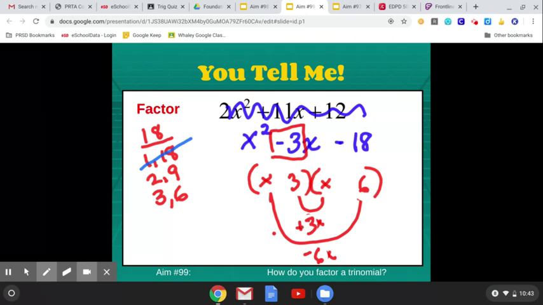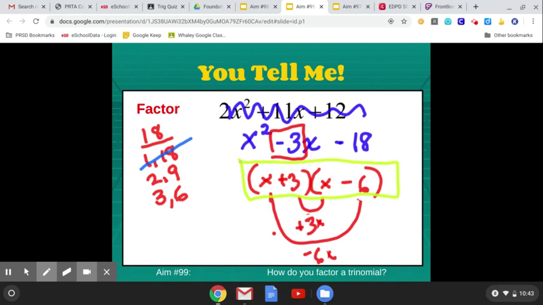That'll combine to give me a negative 3x. So that means my 6 is going to be negative, and my 3 is going to be positive. And there are my factors. X plus 3 and x minus 6 are the two factors here. Done. I factored it.